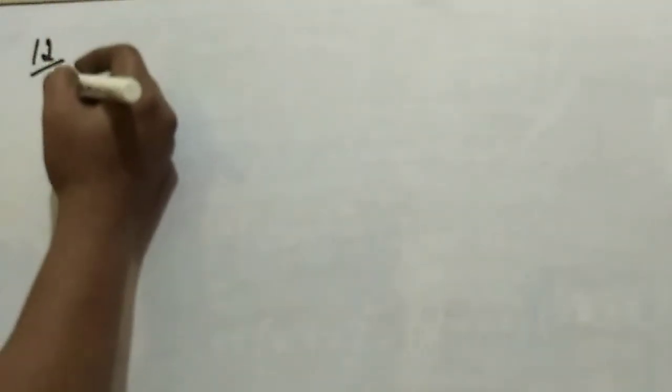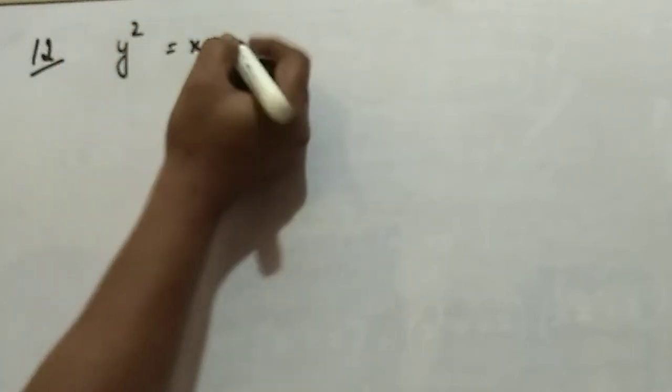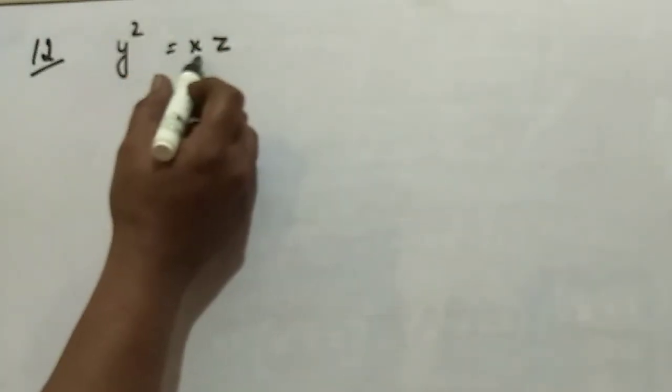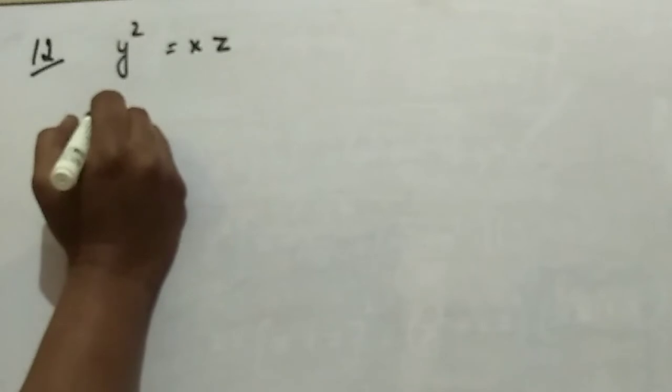Question number 12. Very important question. It is given that y is the mean proportional between x and z. Therefore, y² = xz. And then what do they say?